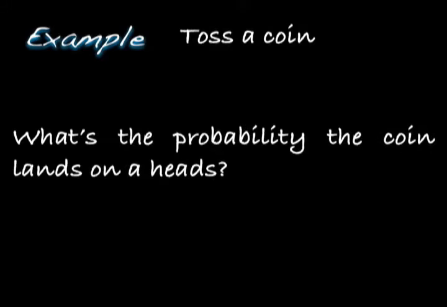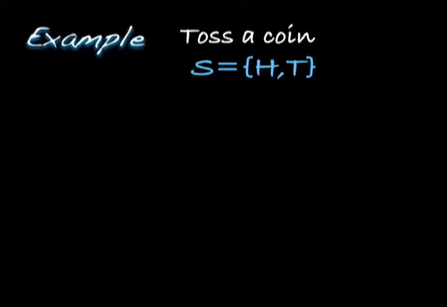For example, when you toss a coin, what's the probability that the coin lands on a heads? The sample space consists of the two outcomes H and T, heads and tails. The event is landing on a heads.